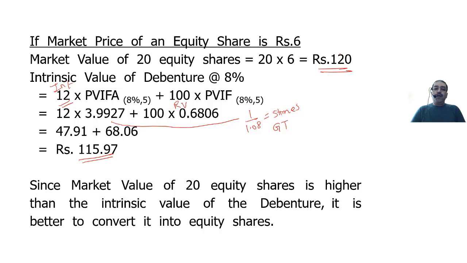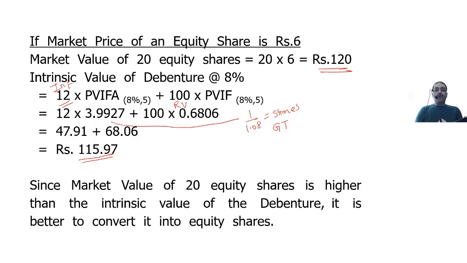See that you are writing properly. Even if you take the figures given by them, let us see what we get. 12 into 3.993 is equal to 47.916. And 100 into 0.681, that also gives you 68.1.